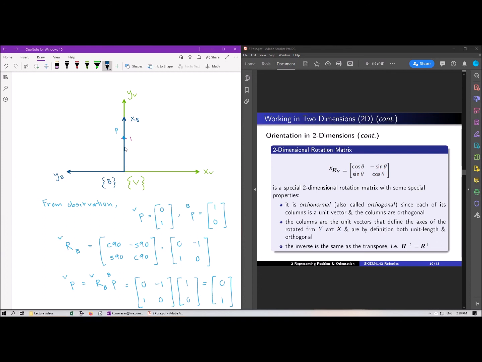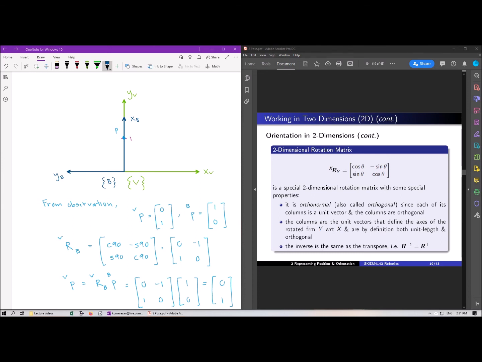It is indeed 0, 1, because there is no component here. So it's pointing this way, upwards. And what is the unit vector YB, which is pointing this way with respect to coordinate frame V? It is minus 1, 0. So as you can see, you can either use this formula with the correct theta, rotation angle, or you can just describe by observation.